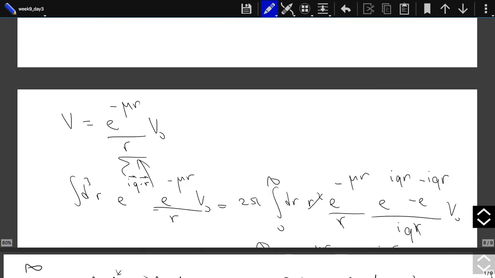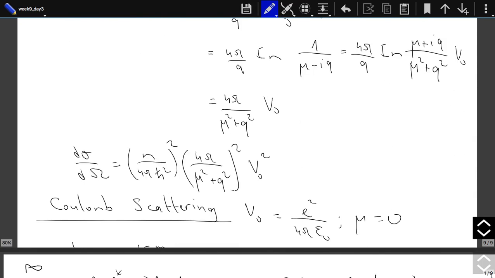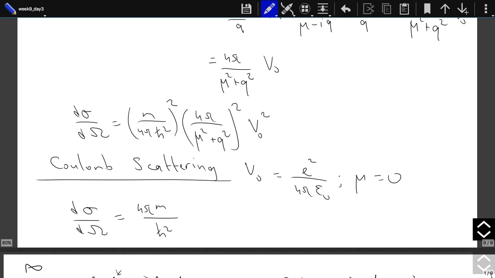No, this is from the definition of f, so it has to be squared. d sigma over d omega is f squared. So these also cancel.